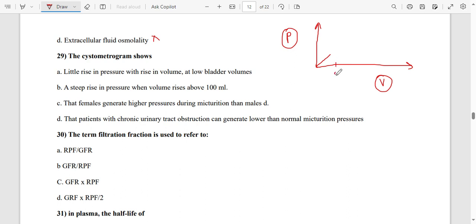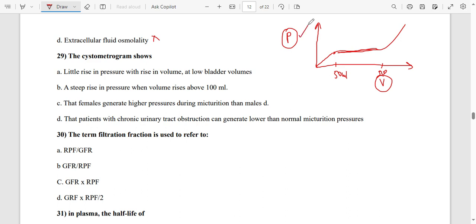And when you reach somewhere around 50 mL of fluid in the bladder, the pressure no longer increases, such that even when the volume in the bladder increases, there is no pressure increase. But when you reach somewhere around 500, at this point, if you increase the volume any more, there's going to be a pressure increase.